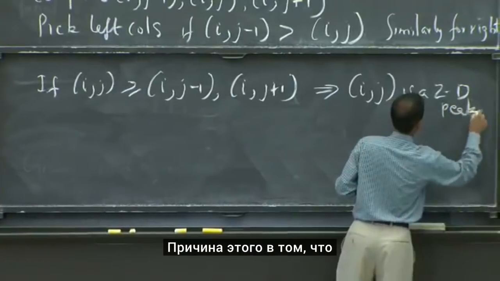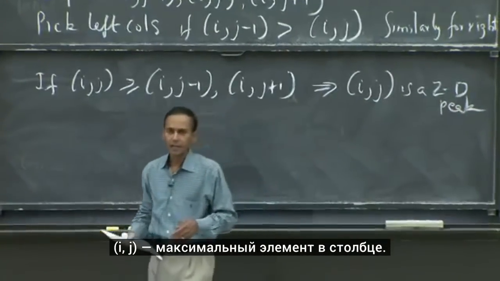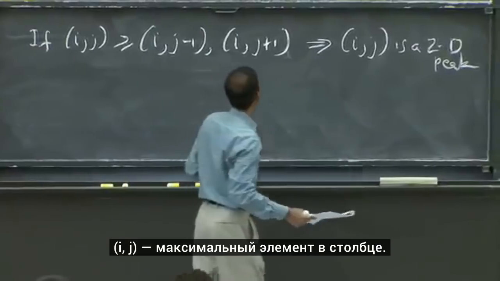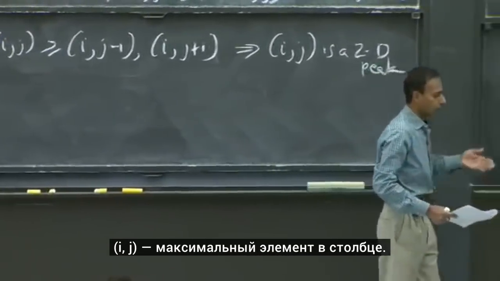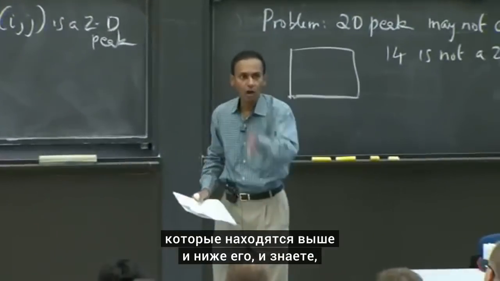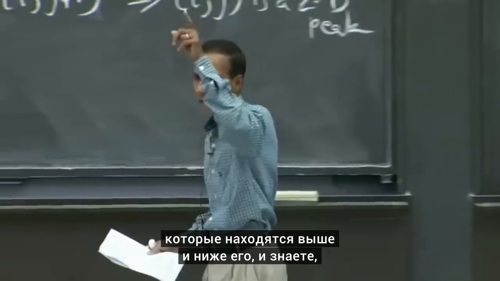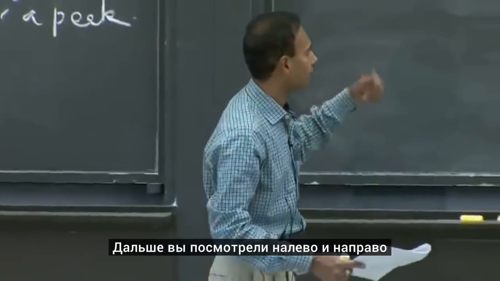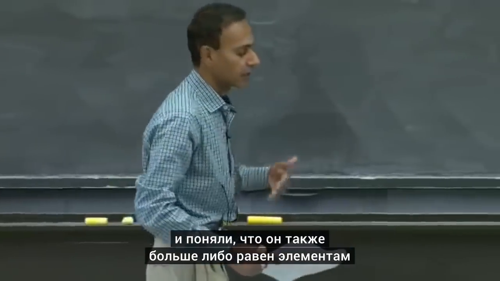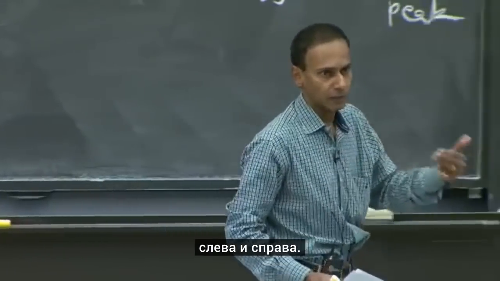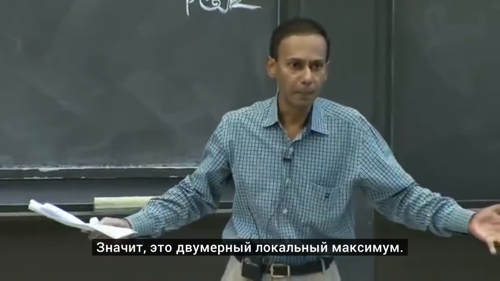Okay? And the reason that's the case is because (i, j) was the maximum element in that column. So you know that you've compared it to all of the adjacent elements looking up and looking down. That's the maximum element. Now you've looked at the left and the right, and it's greater than or equal to the elements on the left and the right, and so therefore it's a 2D peak.